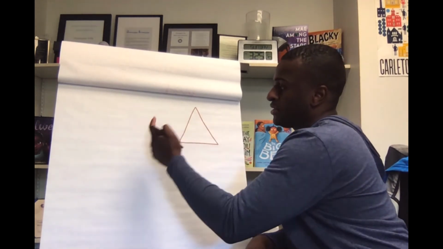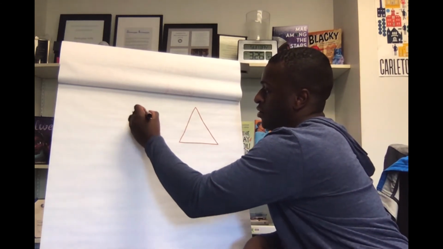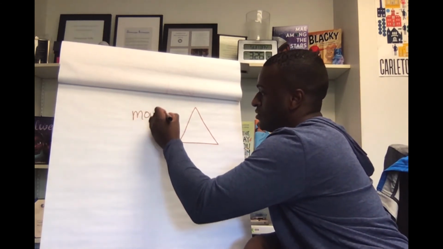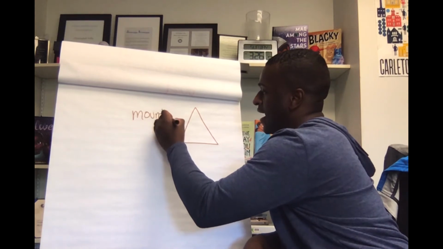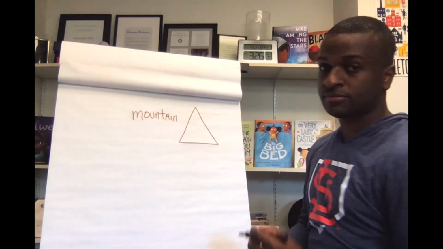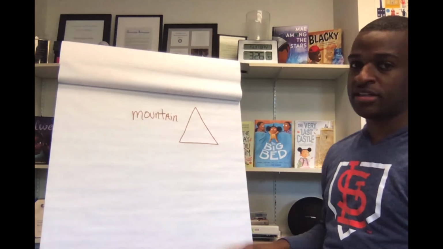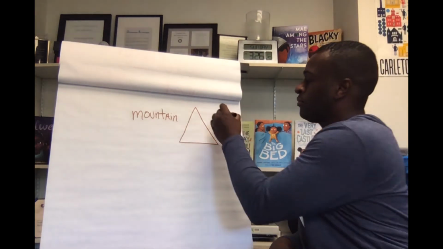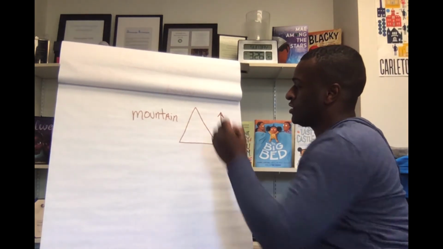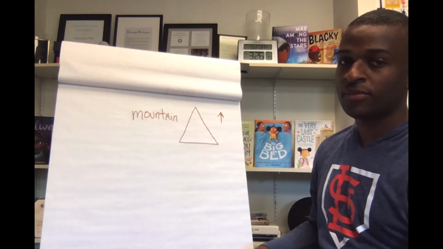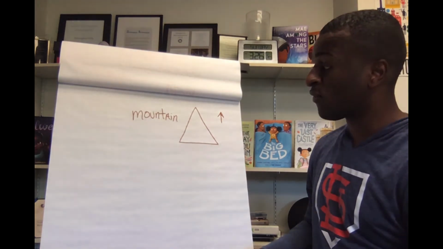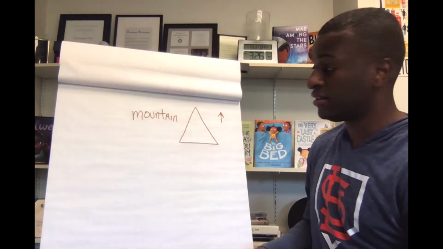You'll see that it points up. This is mountain. M-O-U-N-T-A-I-N. A mountain points up. I'm going to put a little arrow here just so you can see it too. It points up.